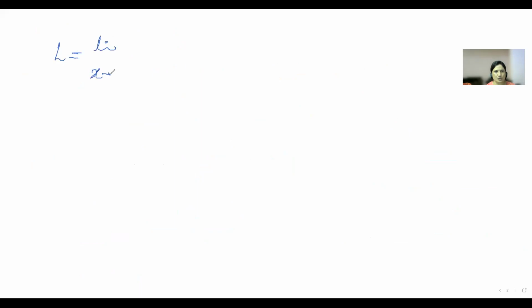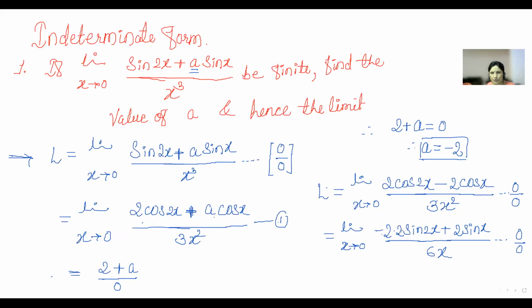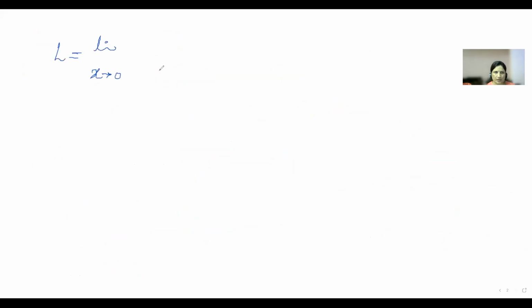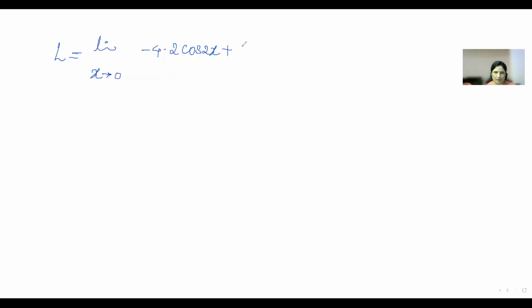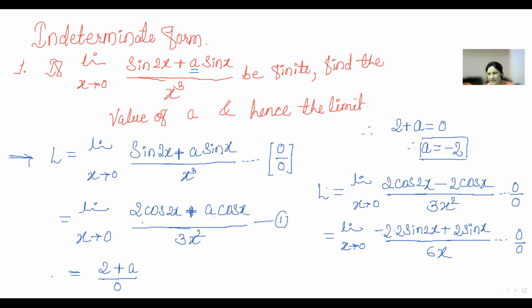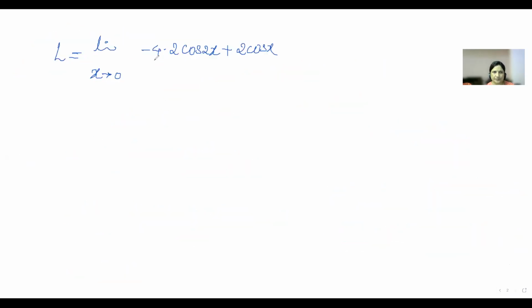Limit as x tends to 0, in the numerator, 2 into 2 is 4, so minus 4, derivative of sin 2x, 2 cos 2x, plus derivative of 2 sin x, it is 2 cos x, divided by derivative of 6x, that is 6.